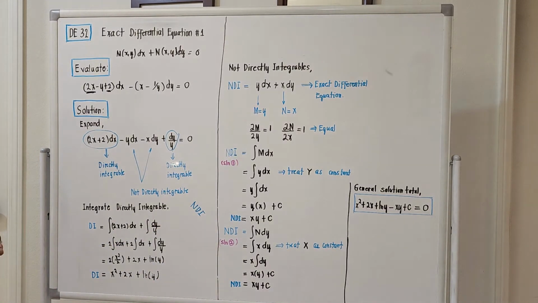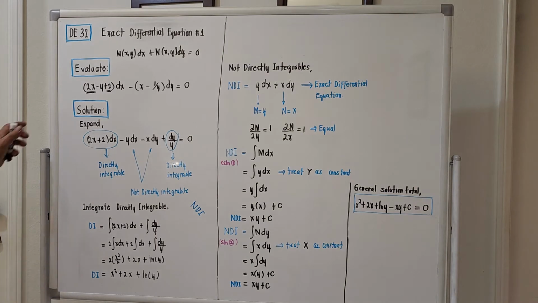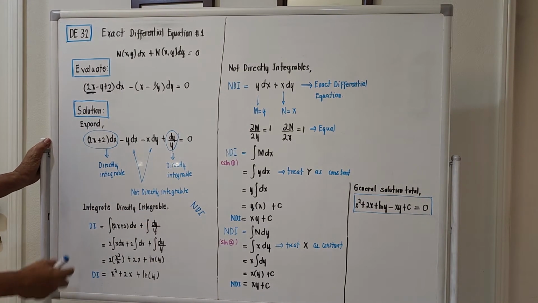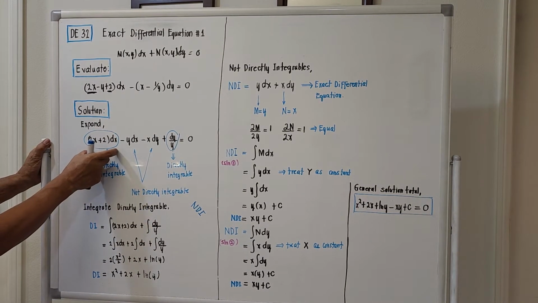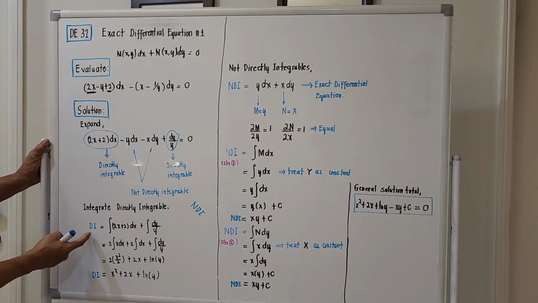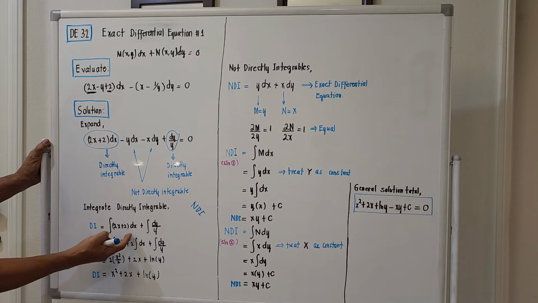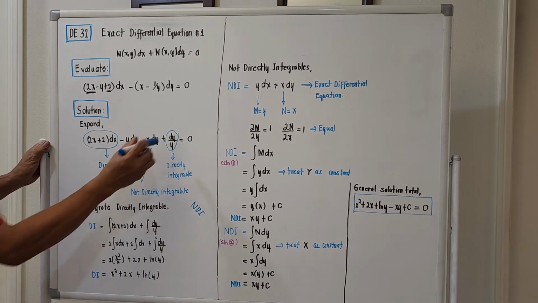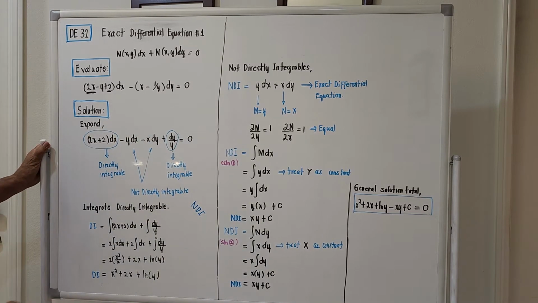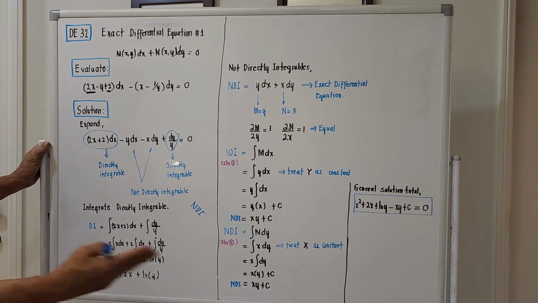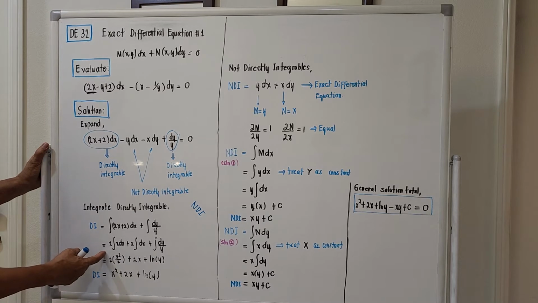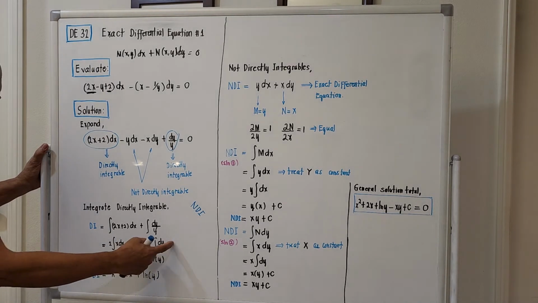Okay, let's try to integrate those that are directly integrable. We will copy this one plus this. So those directly integrables will be the integral of 2x plus 2 dx plus the integral of dy over y. It's an easy one. This is 2, the integral of x dx, we bring it out, plus 2, the integral of dx, plus the integral of dy over y.